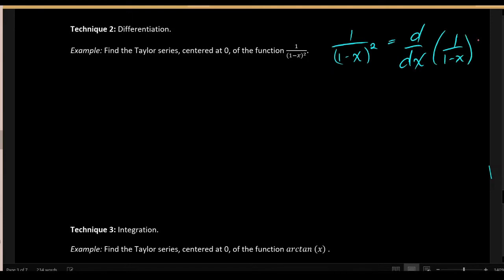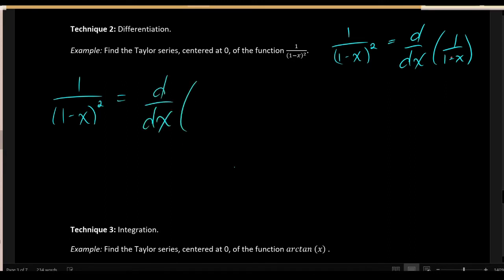This comes from either the quotient rule or the chain rule. What this means is, if I wanted to find a series for 1 over 1 minus x squared, I can do this by taking the derivative of the series for 1 over 1 minus x.